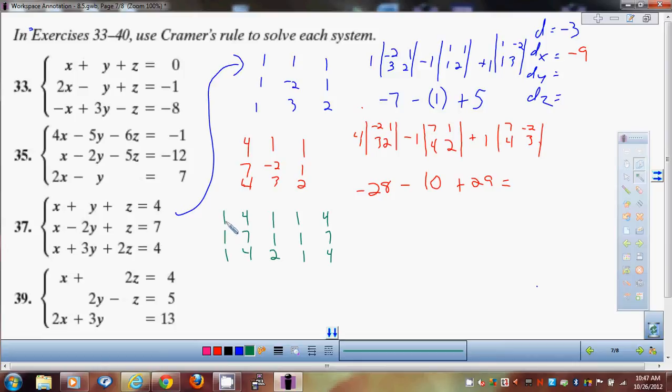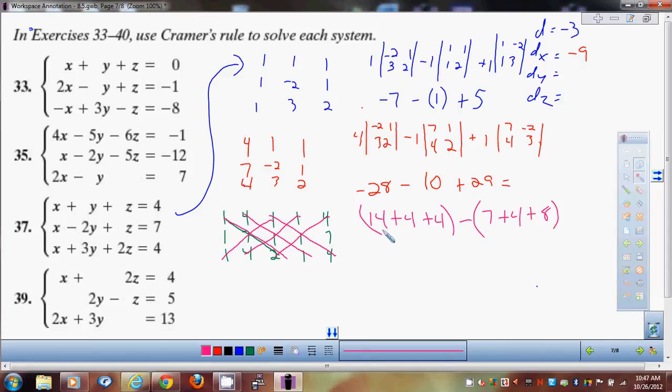Okay. Here we go. 14. I should have changed colors. 14 plus 4 plus 4 minus 7 plus 4 plus 8.